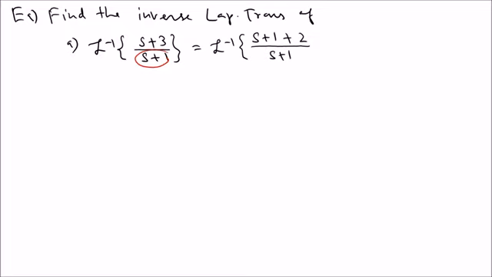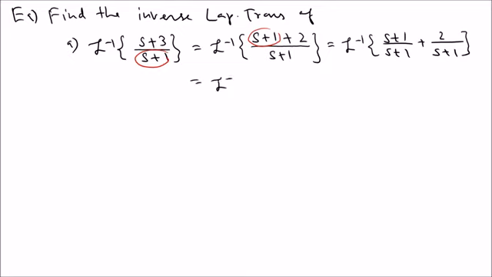Then we separate it: L inverse of (s plus 1) over (s plus 1) plus 2 over (s plus 1), which is simply L inverse of 1 plus 2 over (s plus 1).